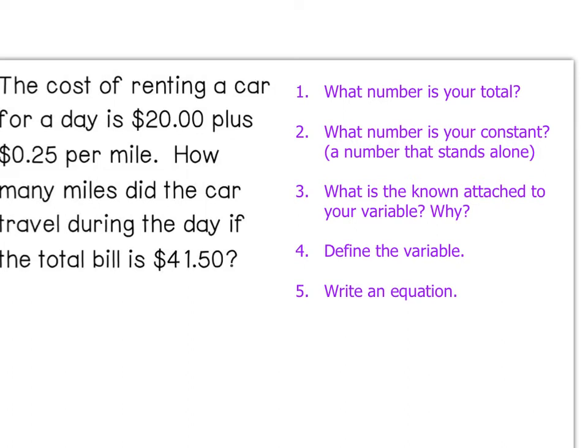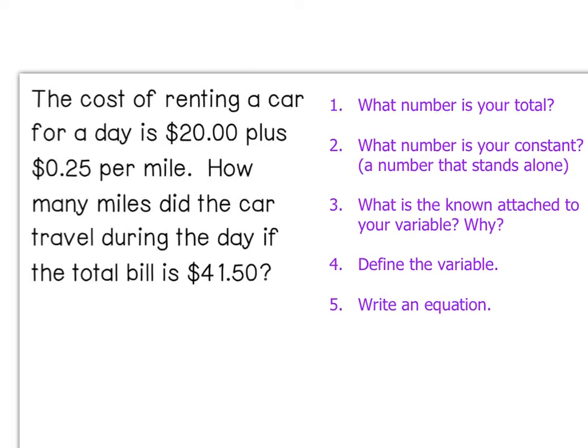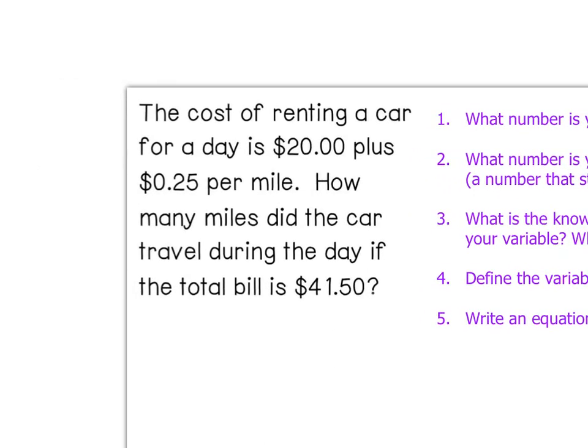So number 1, what number is your total? If you're going to go through this problem again, what would be the total amount to rent the car? And from reading the problem, you should have found the total amount to be $41.50. And on the previous slide, we said the total is going to be by itself.